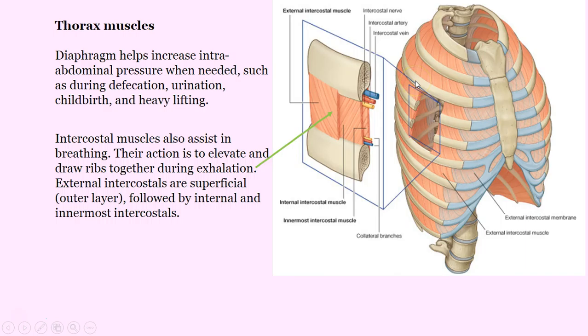So the intercostal muscles, there's 3 sheets of these things. And so that's a testimony to the importance of this unit moving up and down when we exhale and inhale. So you have the external, you have the internal, and the innermost, 3 layers. The external, of course, is superficial, meaning they're on the surface.